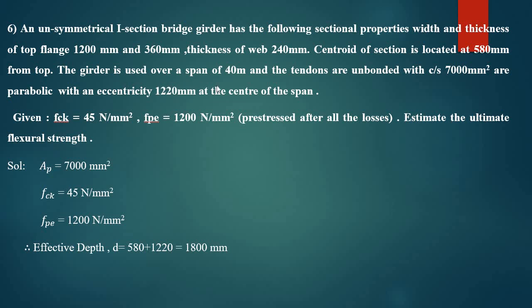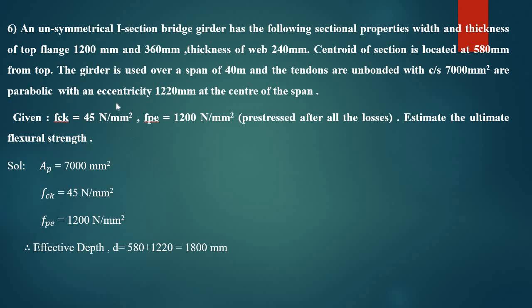The girder is used over a span of 40 meter and the tendons are unbonded with cross section 7000 mm square, are parabolic with an eccentricity 1220 mm at the center of the span. Given FCK 45 Newton per mm square, FPE 1200 Newton per mm square, pre-stressed after all the losses. Estimate the ultimate flexural strength.